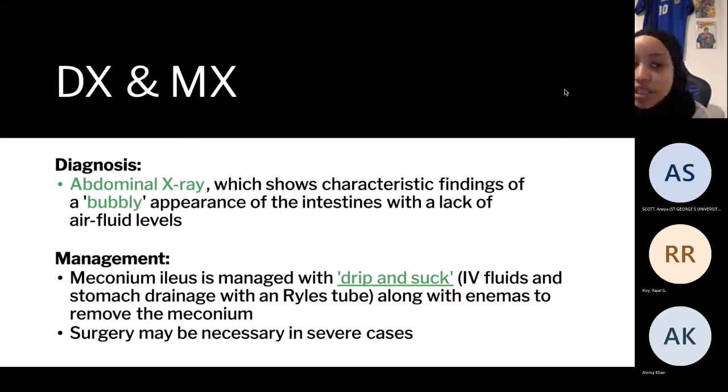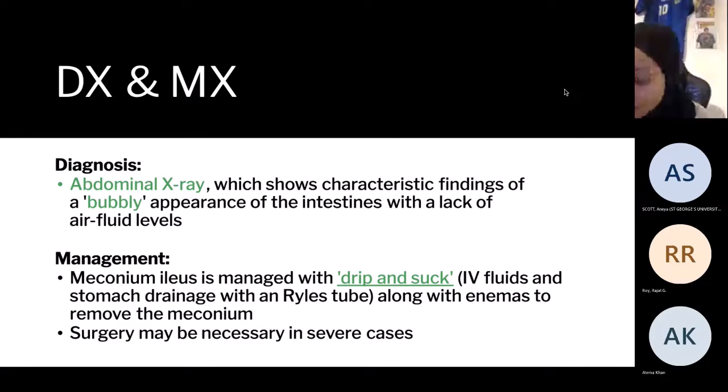The way you manage meconium ileus is by doing drip and suck. You give them IV fluids, and you essentially drain the stomach with a tube. You can also do what's known as an enema, which will help to remove the meconium, and surgery may be needed, but only in severe cases.